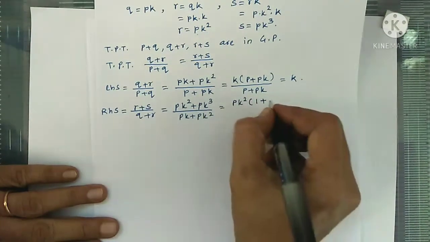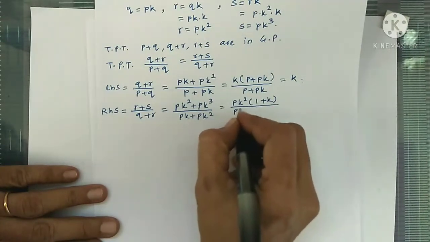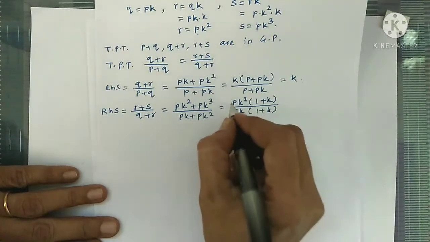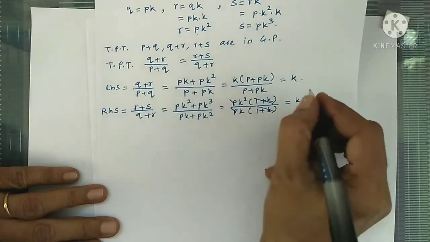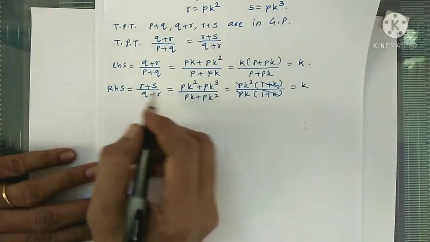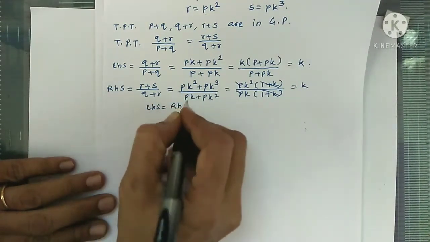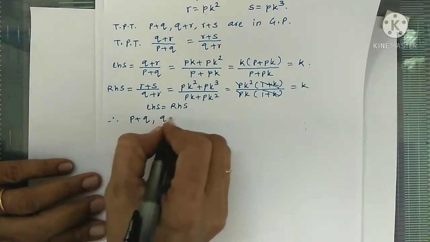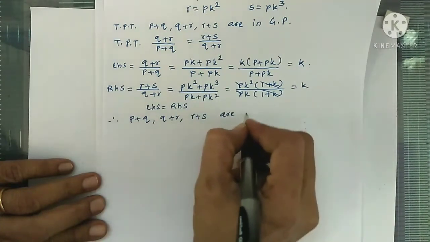Taking P into K square common, it is 1 plus K. Taking P into K common in the denominator, it is 1 plus K again. So P gets cancelled, the bracket gets cancelled, K square upon K becomes K. See, both the values, left side and right side, are equal. So the conclusion is P plus Q, Q plus R, R plus S are in GP.